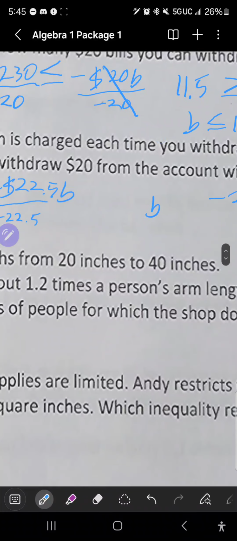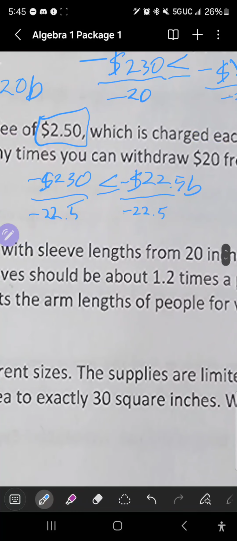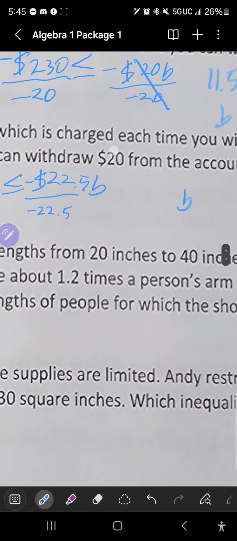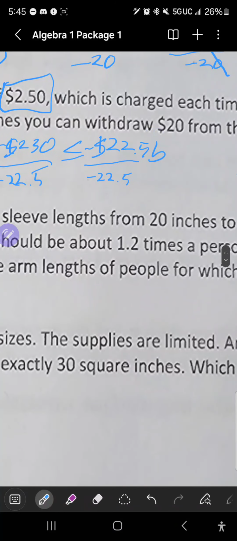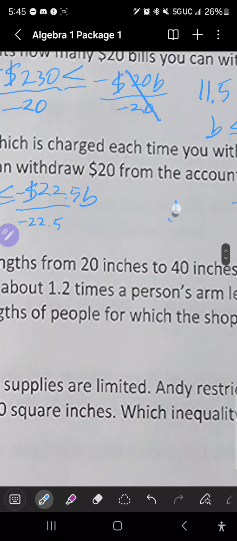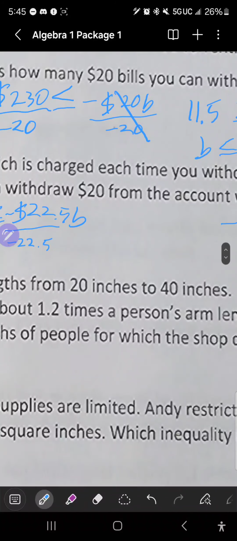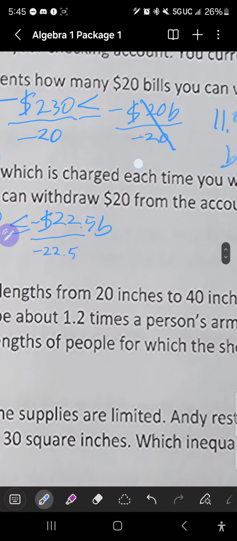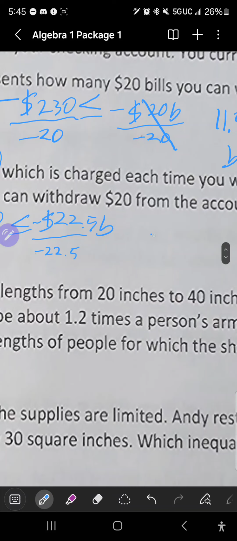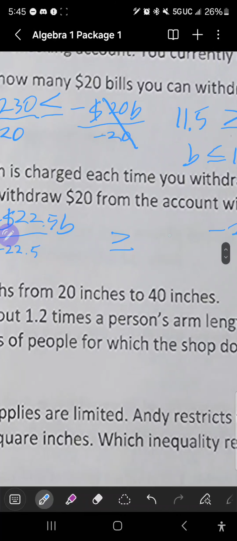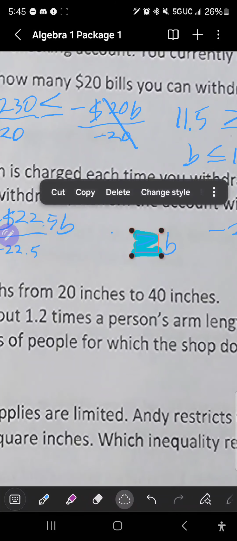Now I'll continue. We divide both sides by negative 22.5. We're going to change the sign. We know right now that because we divided by a negative number, the sign is going to become opposite. We're going to keep the b on this side as it was for now.